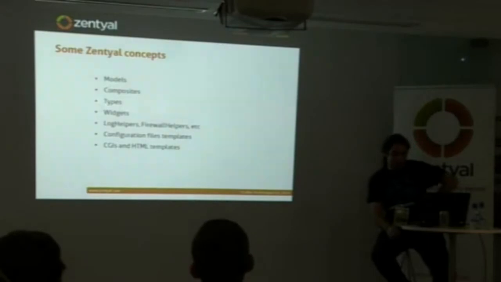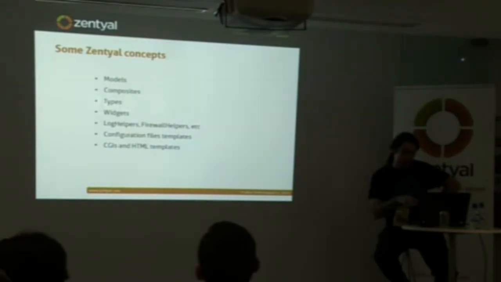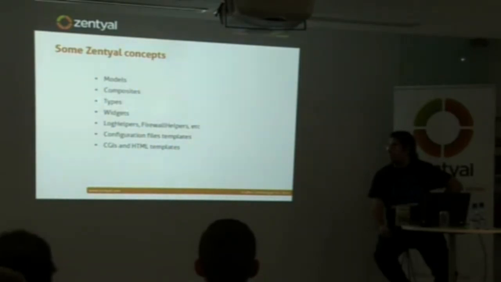And as we are trying to rewrite everything with the model view controller, there is still probably 5% of Zentyal code or something like that that has some of the old CGIs and HTML templates that were written before the new MVC module was introduced.